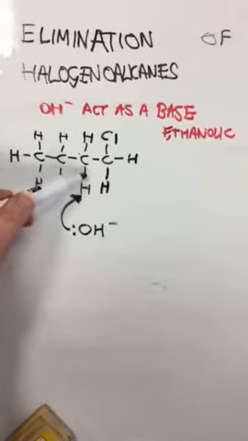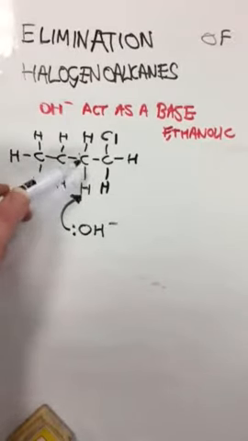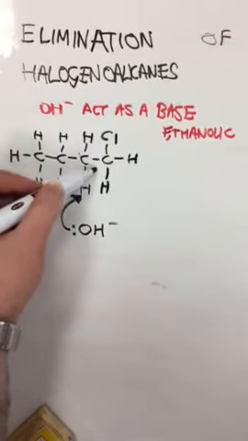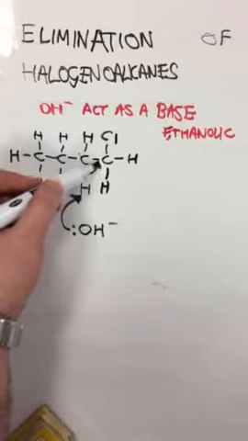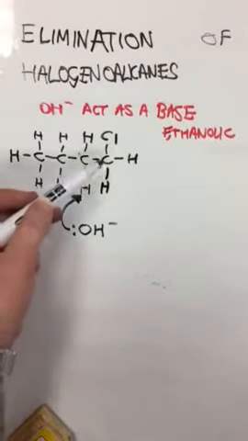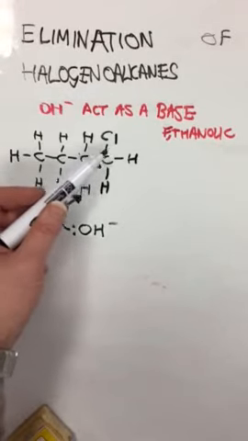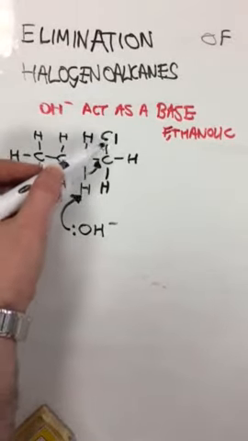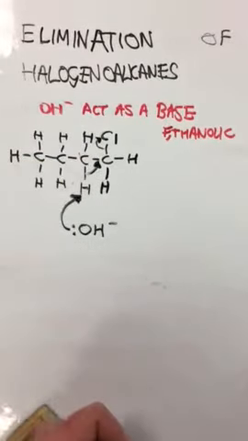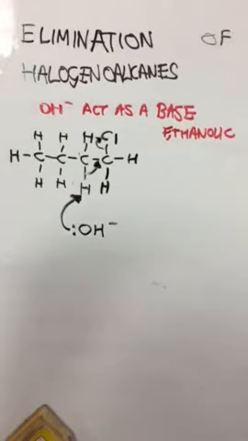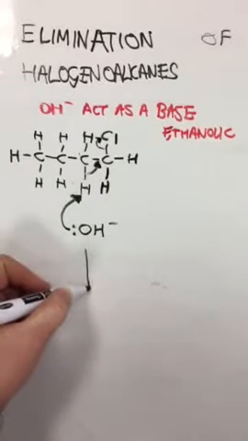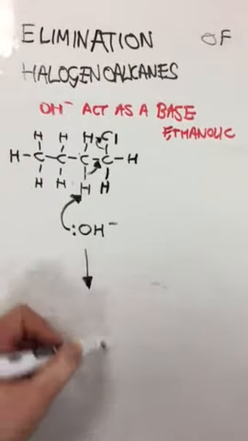The hydrogen leaves its electrons behind, its electron, and this shared pair of electrons now goes to form the pi bond of our alkene, and then as these electrons are donated to the carbon, it must release the electrons in the carbon-chlorine bond to ensure that it only has 8 electrons at any one time. This then provides us with our products.